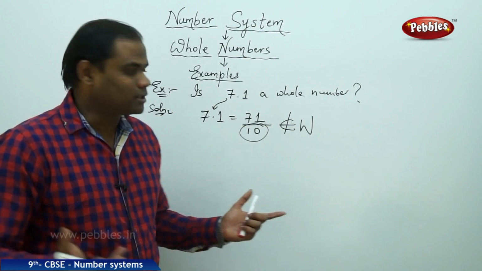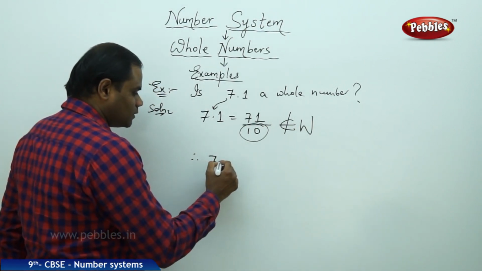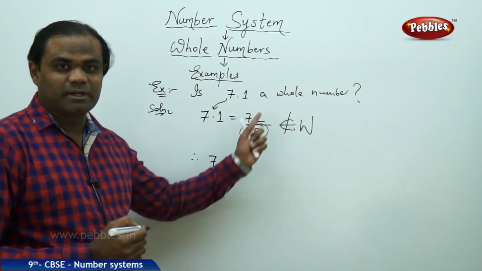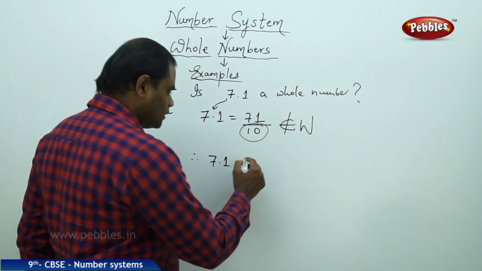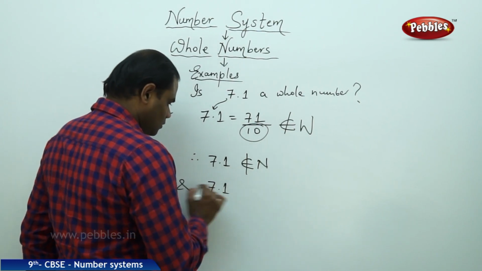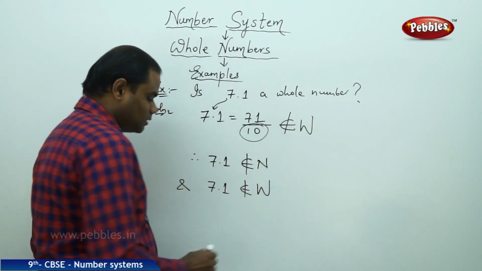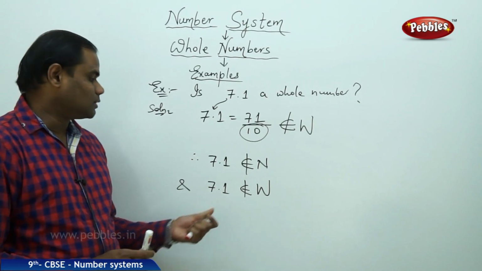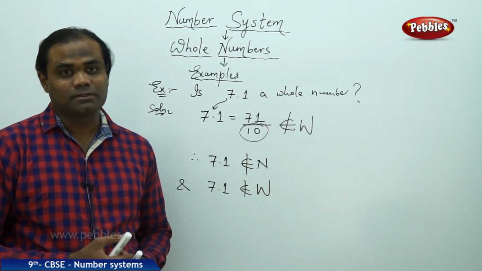It is also not a natural number. Therefore, 7.1, expressed in fraction form, cannot be a natural number, and equally it cannot be a whole number, is how we understand the concept of whole numbers.